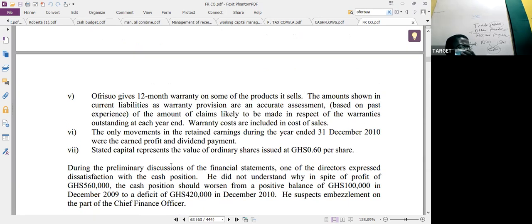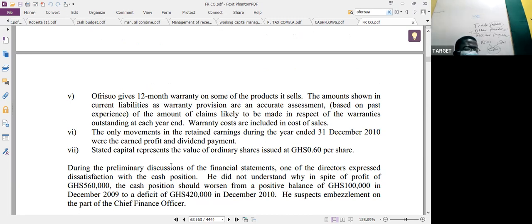The company gives a 12 months warranty on some of the products it sells. The amount shown in the current liabilities warranty provision is an accurate assessment based on past experience of the amount of claims likely to be made in respect of the warranties outstanding at each year end.